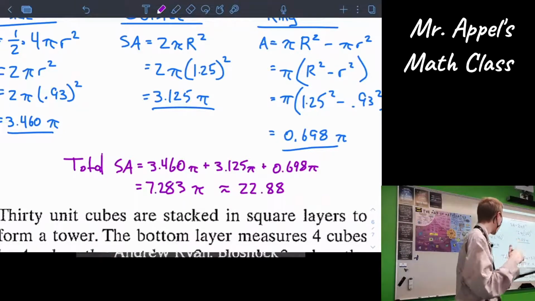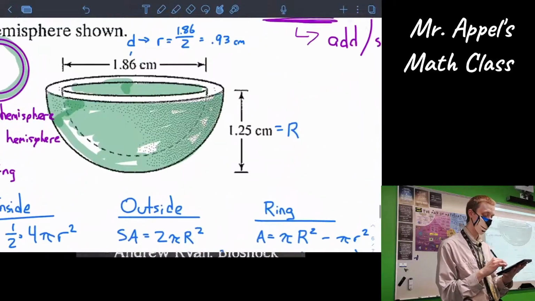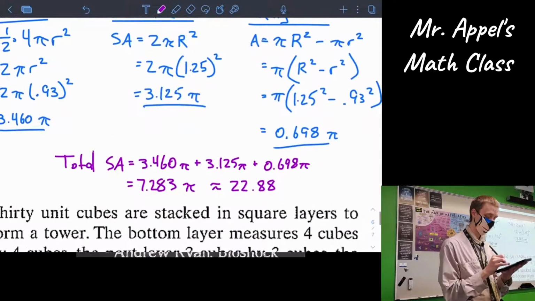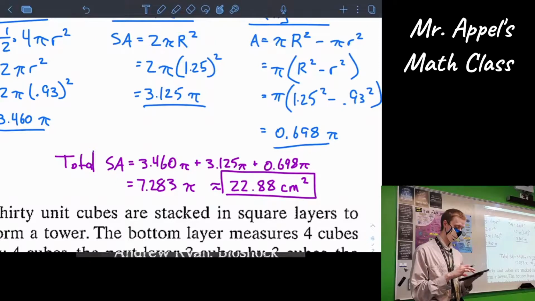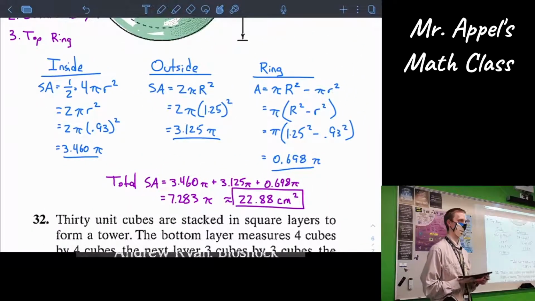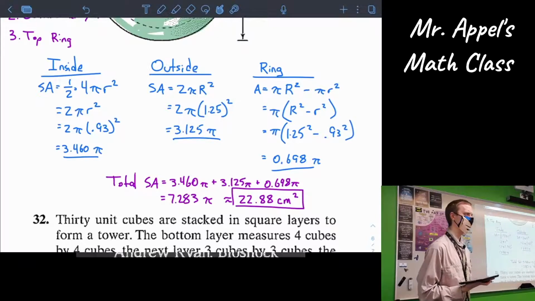Okay, so the 2 decimal places, just 88. And what were the units on this? Centimeters, right? So this is area, so this should be centimeters squared. Okay? Everyone happy with that?